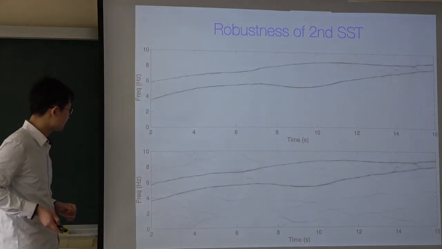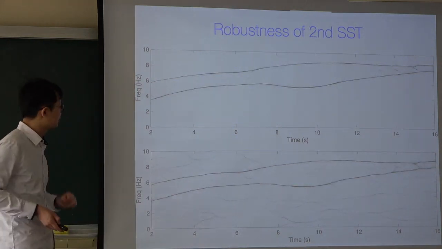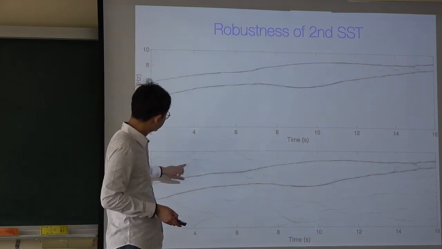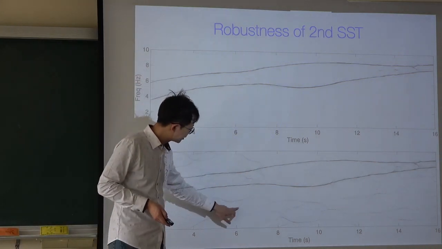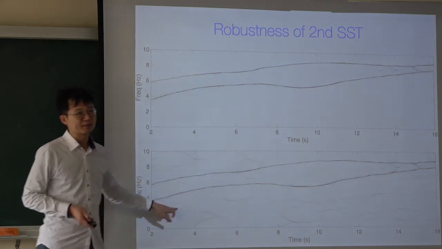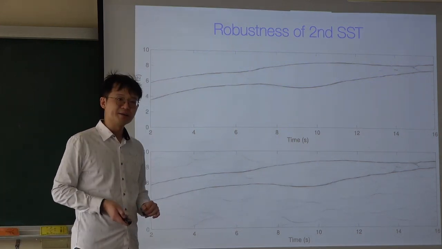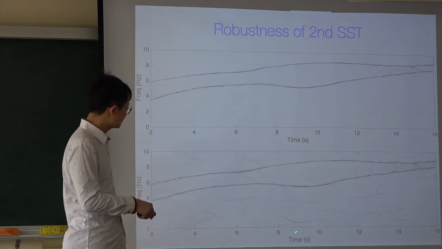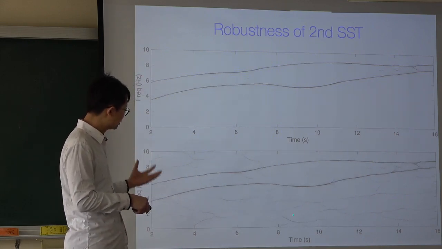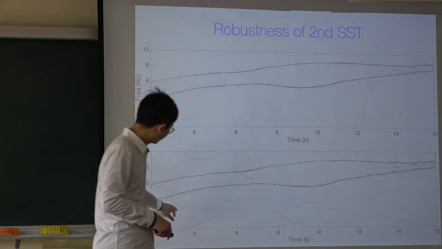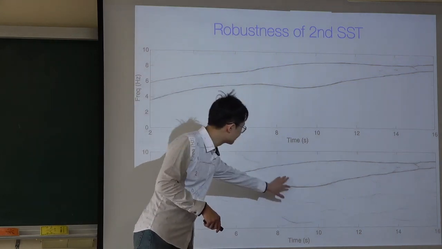And this is second order synchrosqueezing. In the second order synchrosqueezing, you can see there are some curves which seem to be more dominant, and those curves are more difficult to really analyze. At least we do not know the analysis results, or too much about the features of those bands or how they behave.